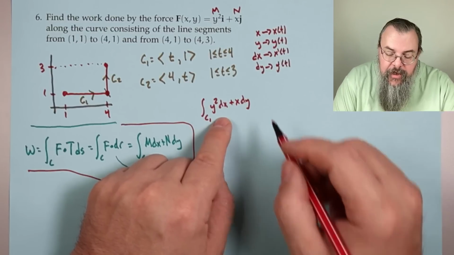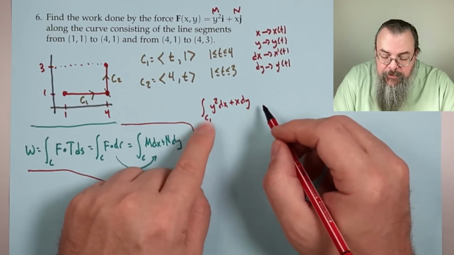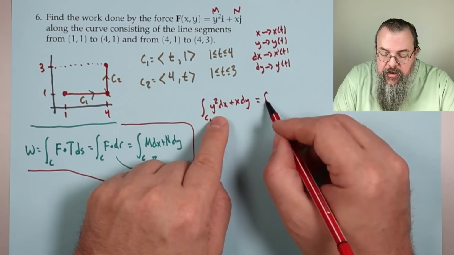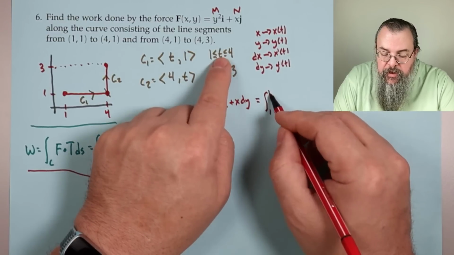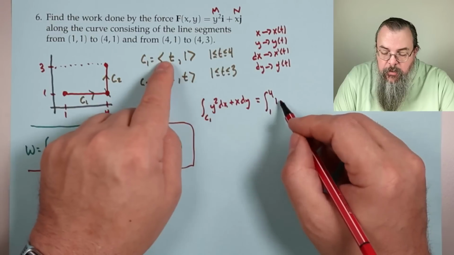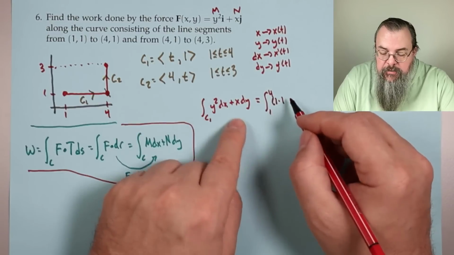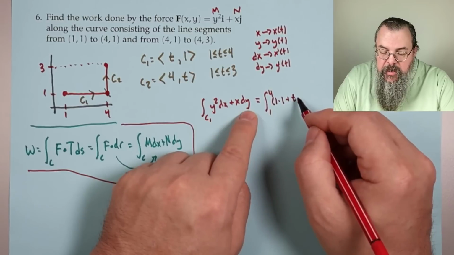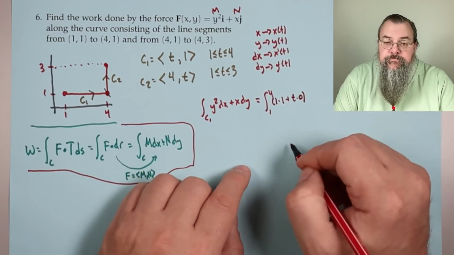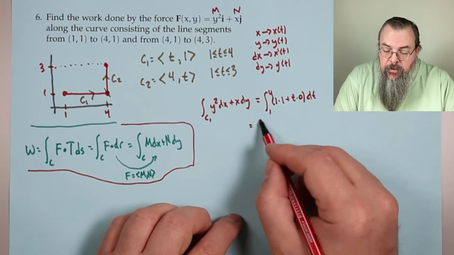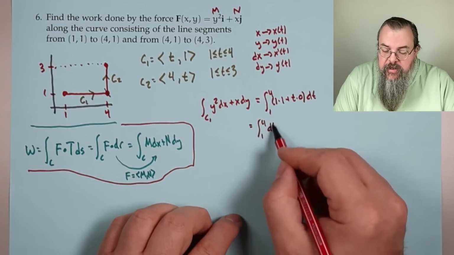So, for us, on curve 1, we're going to get y squared. And, oh, by the way, our bounds are 1 to 4. So we're going to get y squared, which is 1, dx is 1, and then plus x, which is t, times dy, which is 0. All right, so we're integrating 1 to 4 dt.